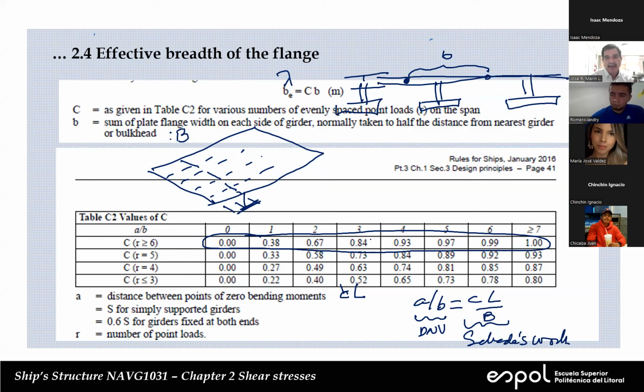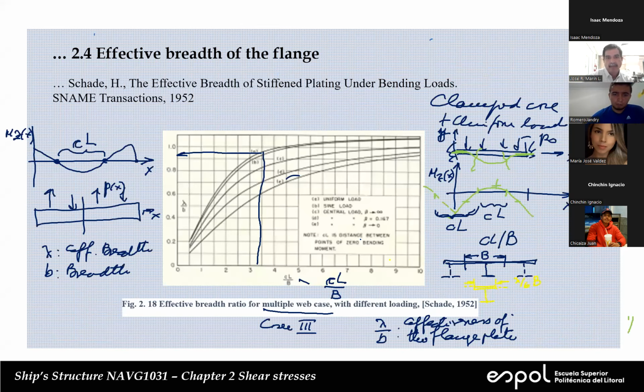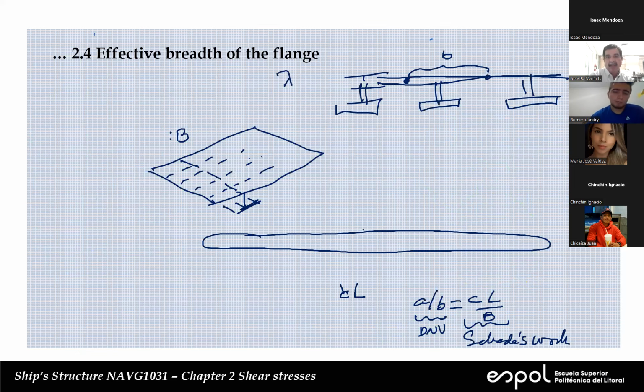For example, why don't we take this value? For a value of 3, we have 0.84. Let's go back. For 3, in this case, it's about 0.9. So it's similar, but not quite the same.